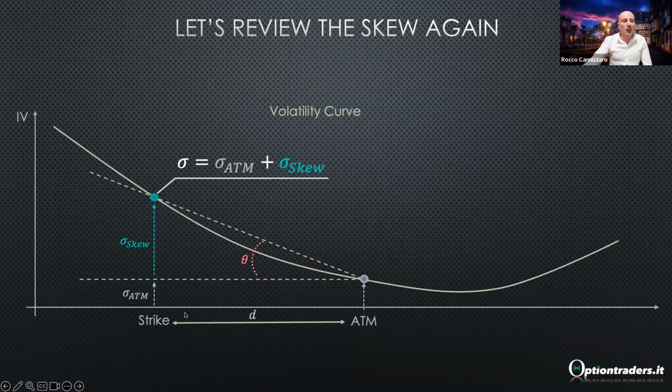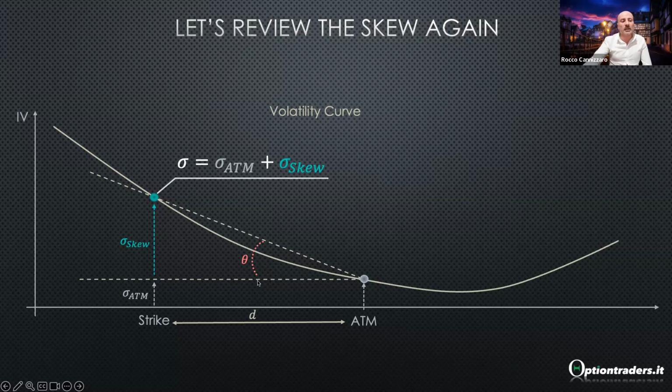triangle where we know what the distance is between the at the money and the strike. So we know one side. We know the height of this right triangle, and so we can calculate the angle, because we know the total volatility of the option and the volatility at the money, so we can calculate sigma skew. Now we want to calculate the angle, the rotation.